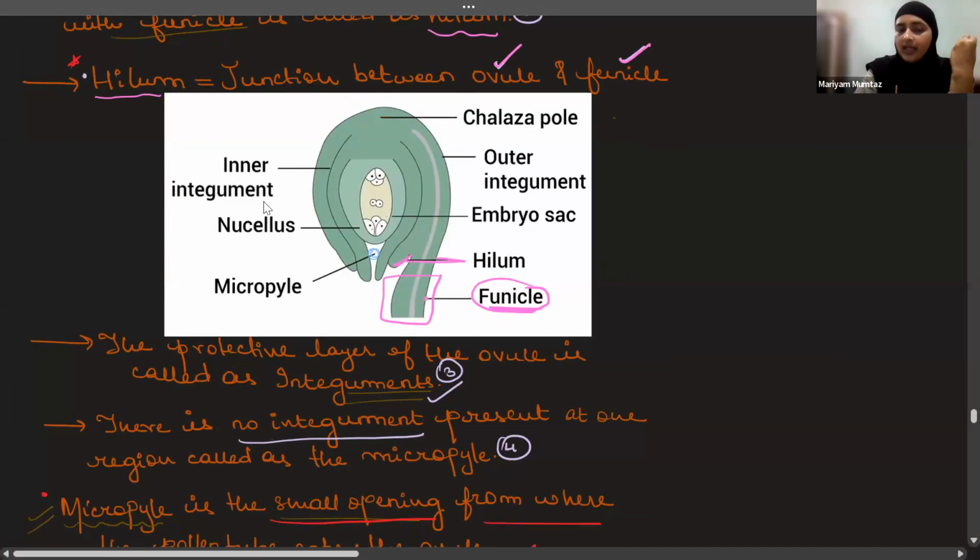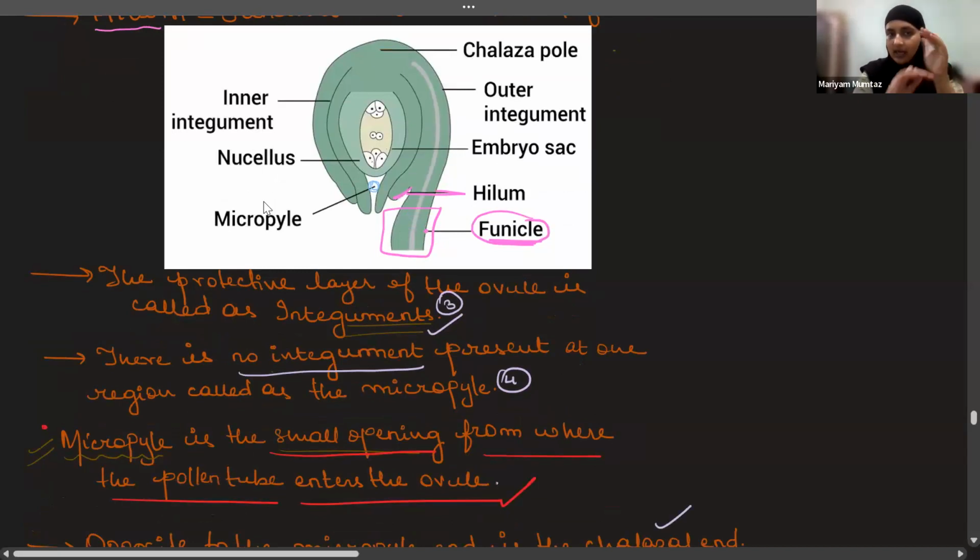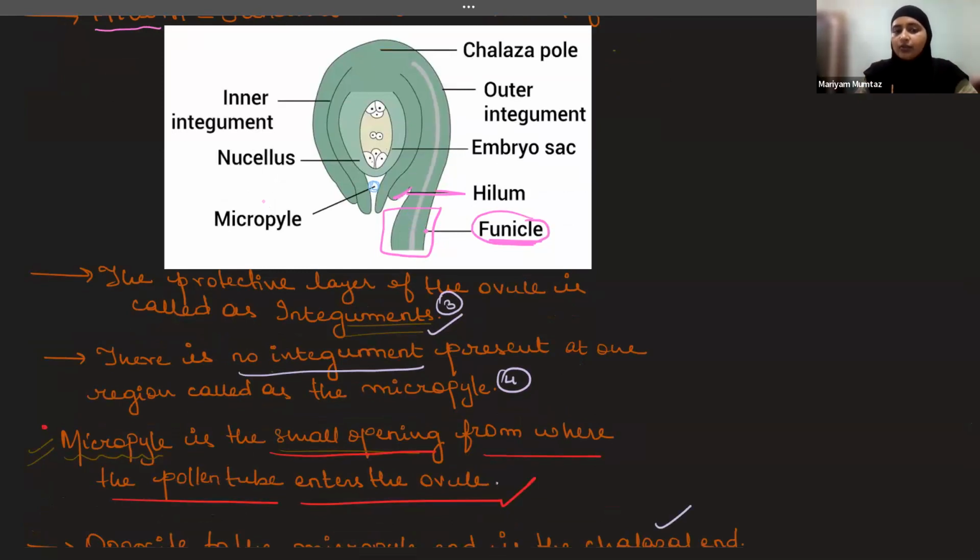Now, the ovule has protective layers surrounding it, and those layers are known as integuments. Integument in general means layer. So the layer surrounding the ovule is the integument. Since it is the protective layer, it is present everywhere surrounding it.